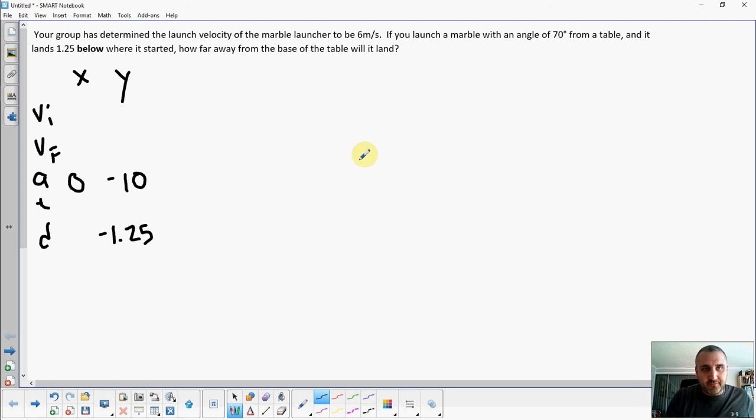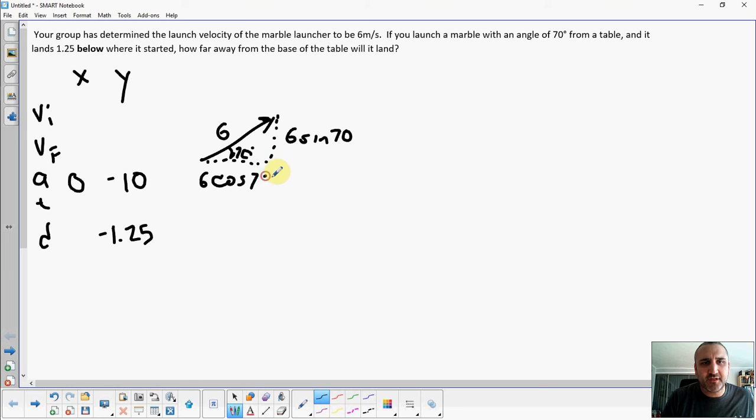And the first little piece of this that we should be good at by now is doing some trig. So we know the initial velocity is 6 meters per second. We also know, and forgive me, this is not as clear as it looks on the smartboard, that we're going to launch this with an angle of 70 degrees from the horizontal. To figure out the y component of this, it's 6 sine of 70, and the x component is going to be 6 cosine of 70.